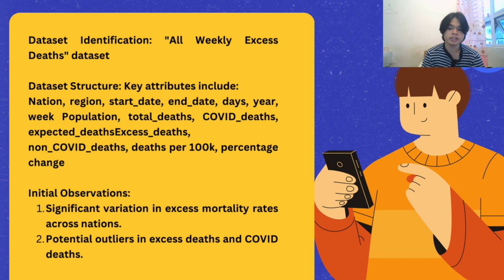Our initial observation shows a significant variation in excess death rates across the nations, with some countries experiencing much higher rates, indicating a severe impact of the pandemic. We also identify potential outliers in the excess death and COVID death columns, which will require further analysis.